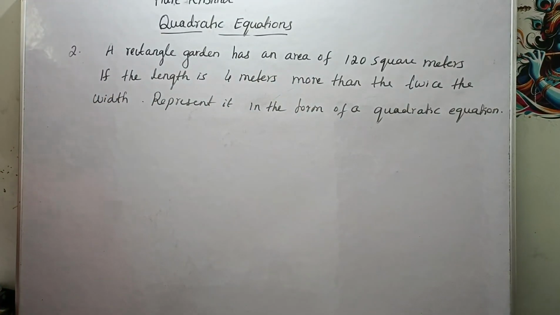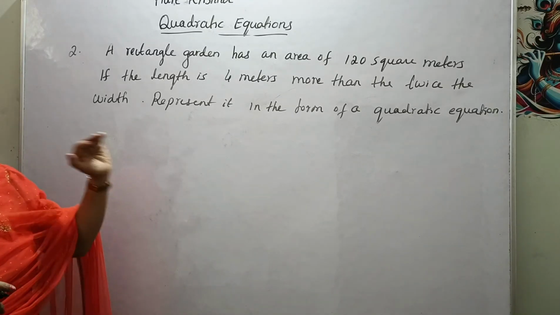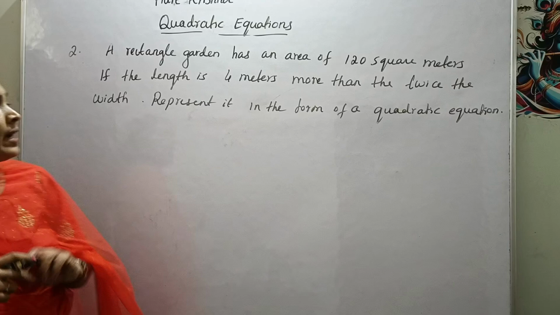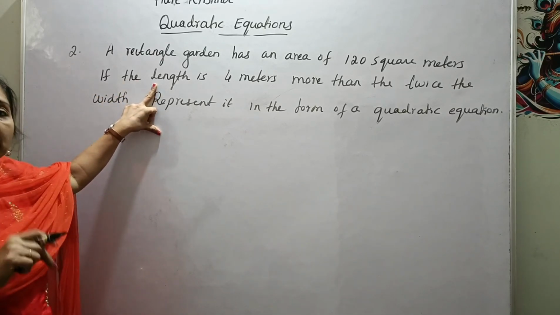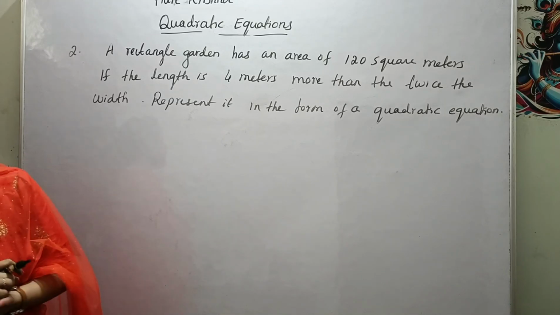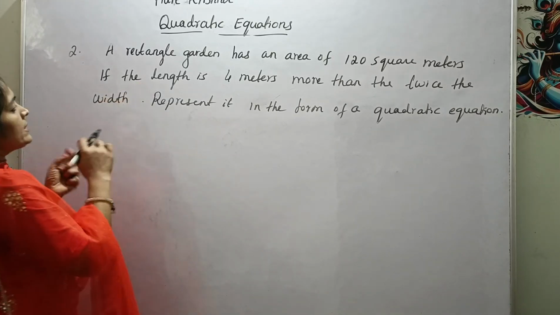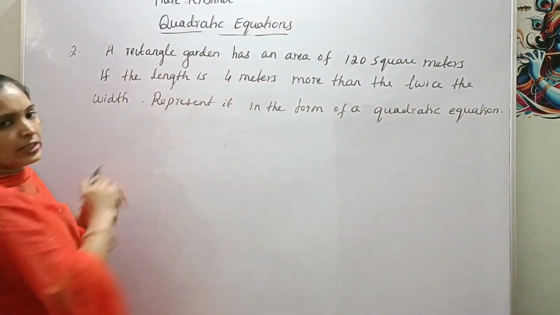So here, see what is given. A rectangle garden has an area of 120 square meters, and it's about length and breadth. See, if we take two variables, they should be related, right? It is given that length is 4 meters more than twice the width.